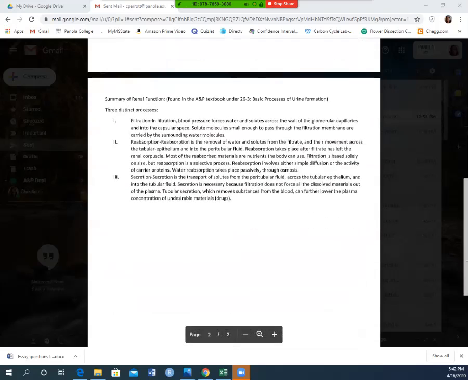Okay, now let's talk about renal function. This is going to be found in your A&P textbook under 26-3, called the Basic Processes of Urine Formation. Your renal function is broken down into 3 categories: filtration, reabsorption, and then secretion.